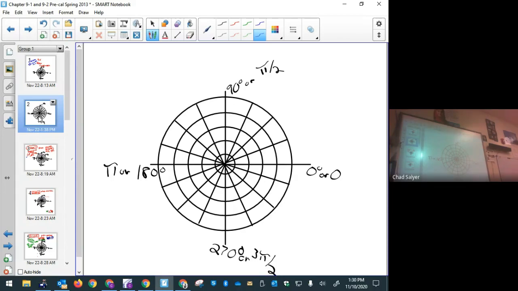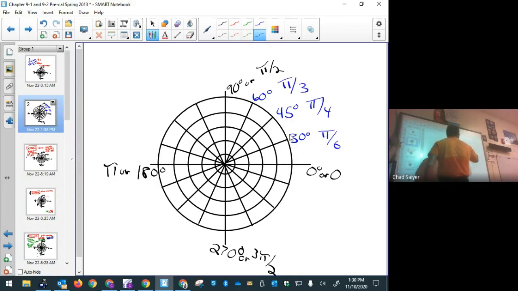So this is what your graph should look like. And of course, the intermediate angles, I'm assuming you just know that they're 30 degrees, 45 degrees, 60 degrees, and that's pi over 6, pi over 4, and pi over 3.